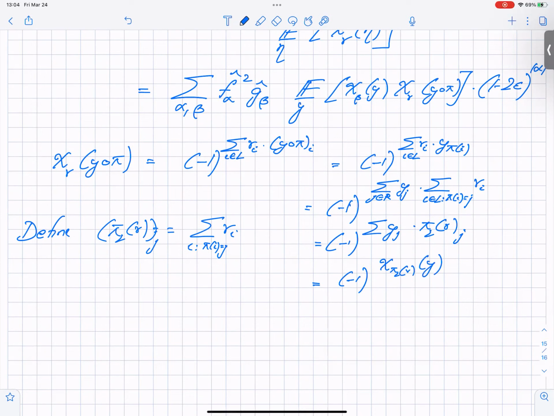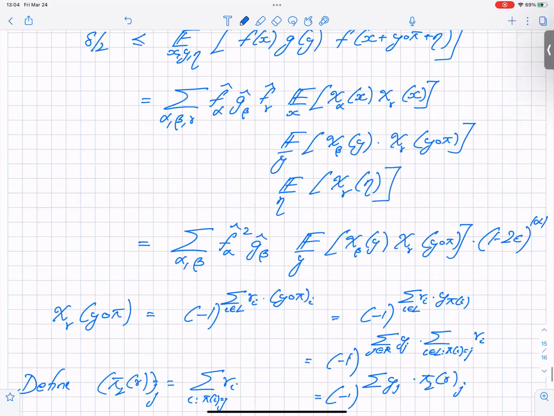Sorry, it's not pi of, it's just chi of pi 2 gamma of y. So if I now plug that over here, I get pi 2 gamma of y. So beta should be equal to pi 2 gamma.